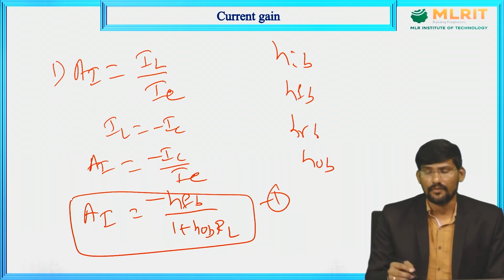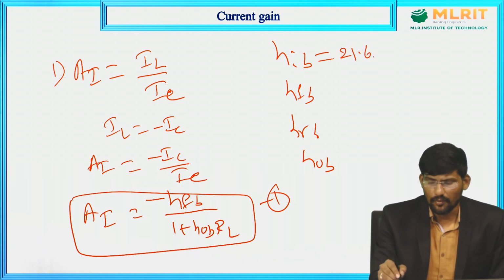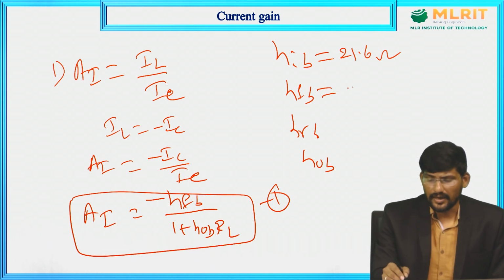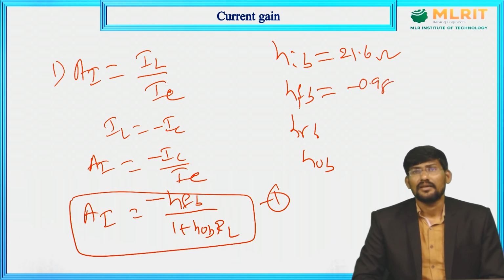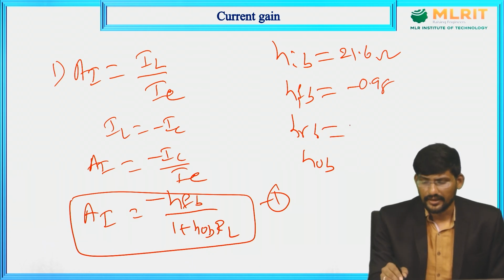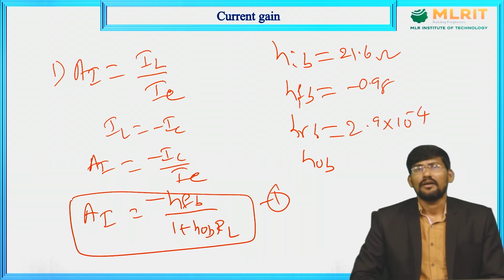What are the standard values? The standard value for input impedance is around 21.6 ohms, which is very low, and HFB is minus 0.98, forward current gain, which is also very less, so that it cannot be acting as a current amplifier. And reverse voltage gain is around 2.9 into 10 to the power of minus 4, which is very less.